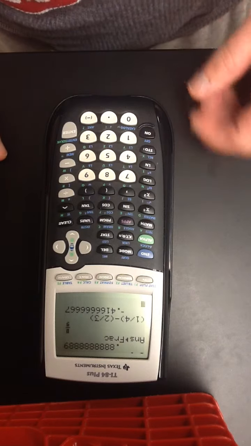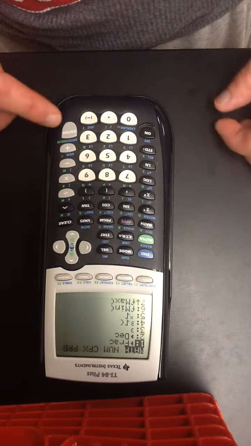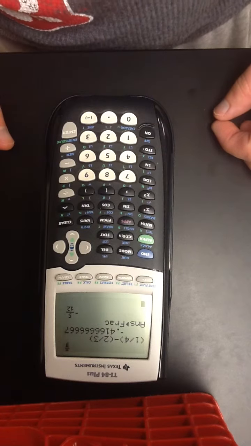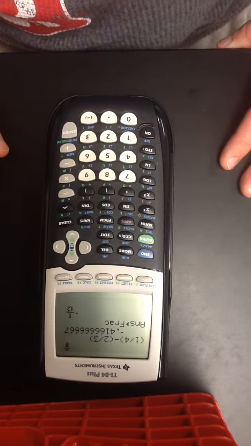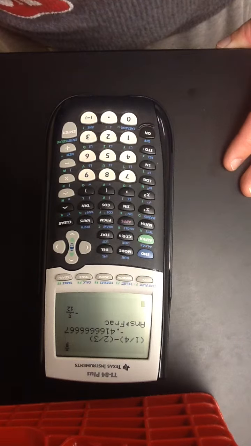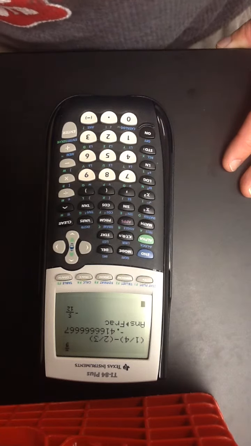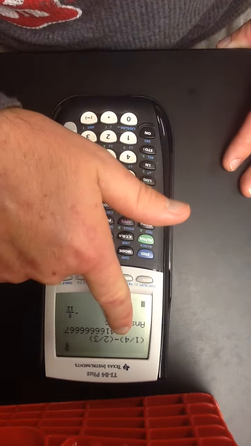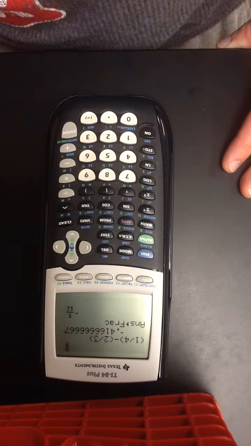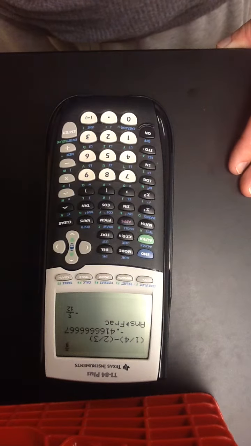Now, to turn it back into a fraction, we simply hit Math and enter twice, and poof, there's our fraction, negative 5 over 12. So, pretty basic operations. Whenever you have fractions, get in the habit, like I did, of putting them in parentheses when you're doing an operation. Real basic stuff.